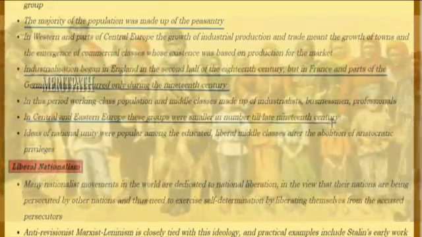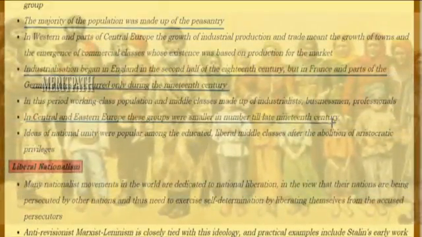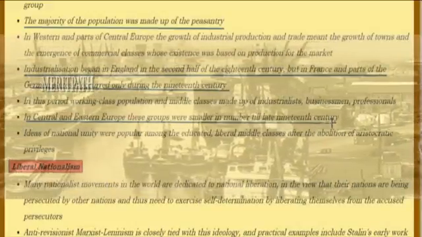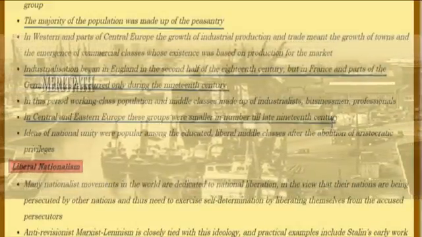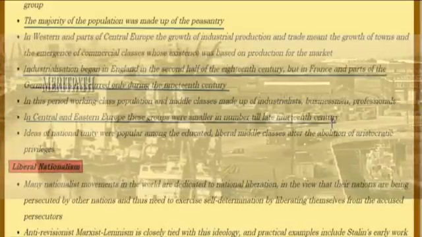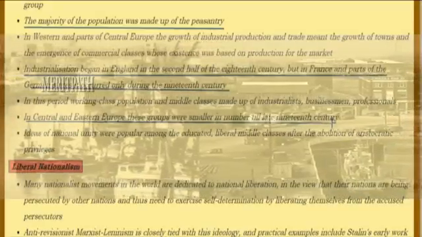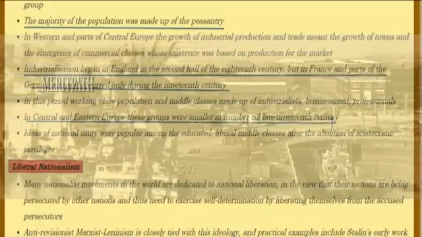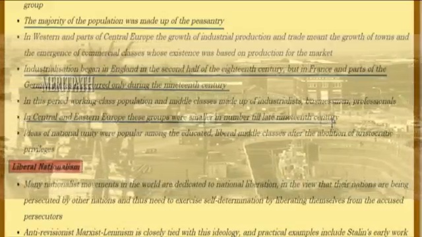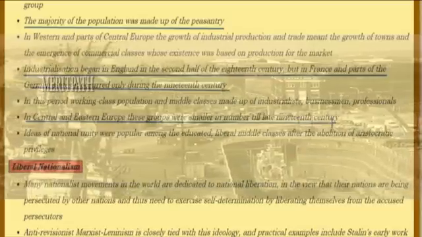In Western and parts of Central Europe, the growth of industrial production and trade meant the growth of towns and the emergence of commercial classes whose existence was based on production for the market. Industrialization began in England in the second half of the 18th century, but in France and parts of the German states, it occurred only during the 19th century.